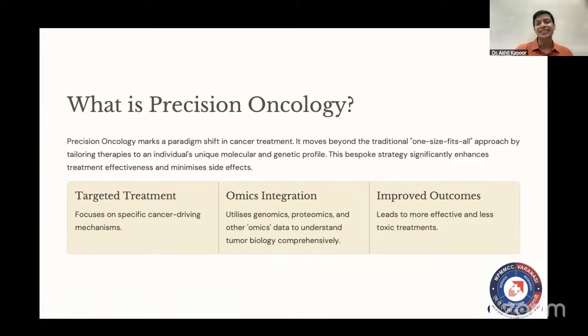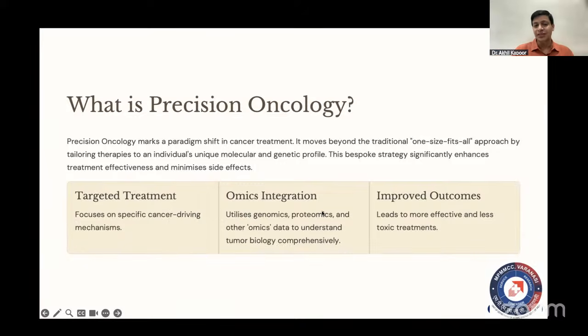That is what needs to be understood: how the disease is progressing, and which mechanisms are involved in its progression. We try to identify that and keep that pathway under control so that the disease can be controlled for a longer time with lesser side effects, and the responses are sustained for a longer duration. That is the key to understanding precision oncology. It is a targeted treatment focused on cancer-driving mechanisms. It is integrating omics.